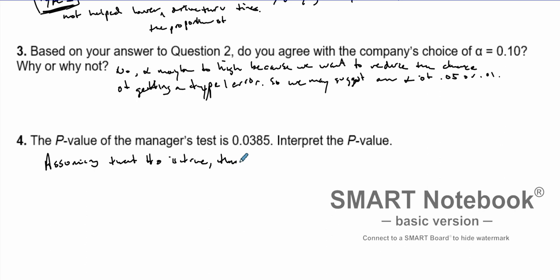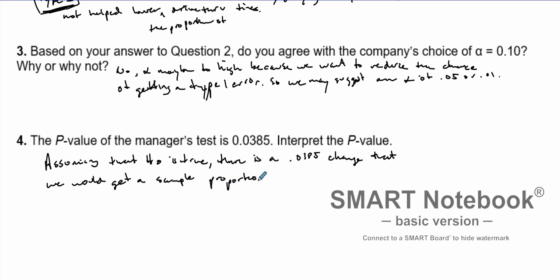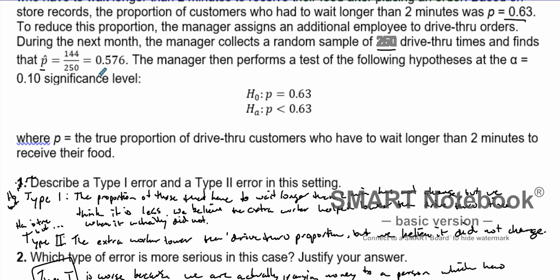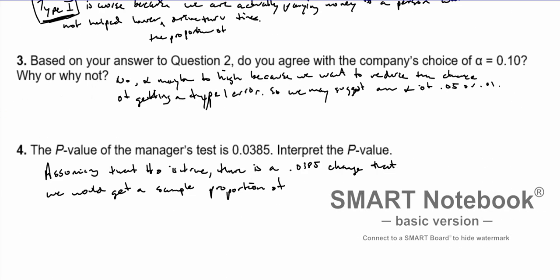there is a 0.0385 chance that we would get a sample proportion of what we got. And what's our sample proportion again? 0.576 or lower.